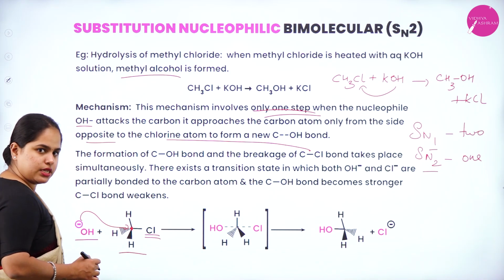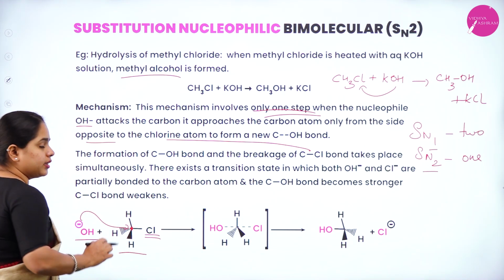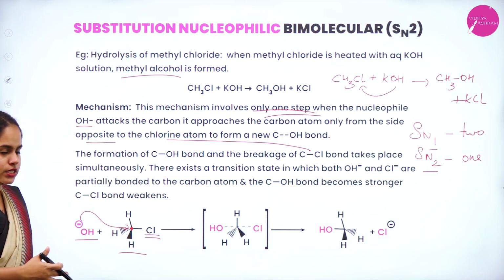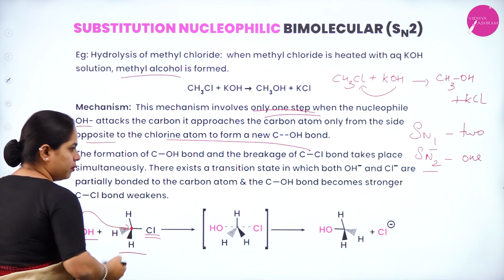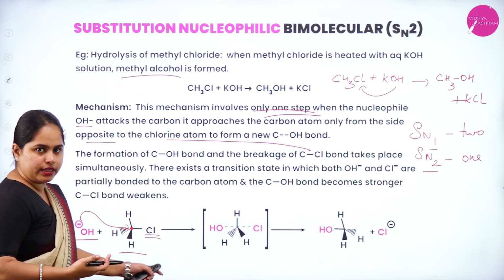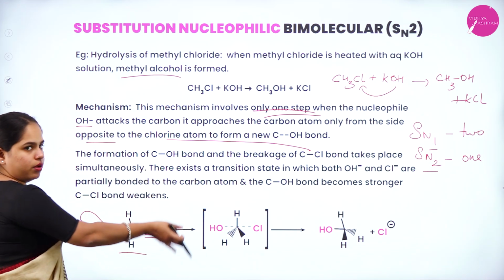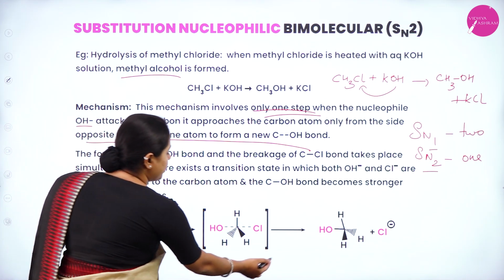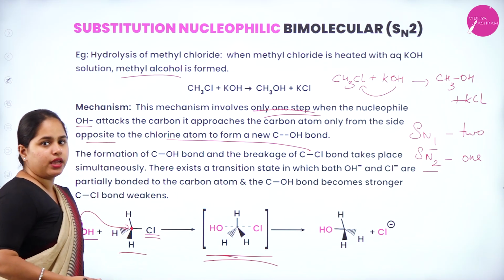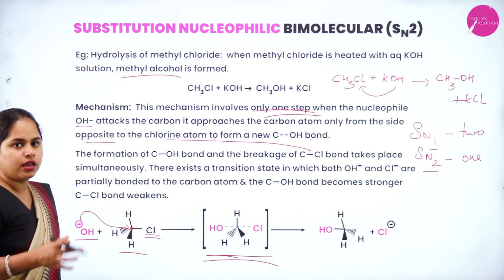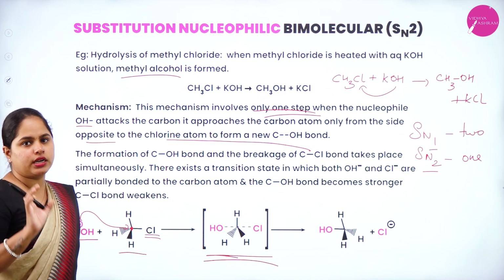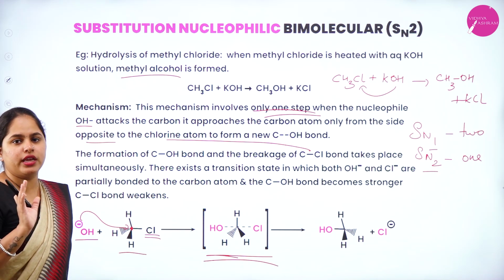The carbon atom is present here, right? It will be attacking the carbon atom from the opposite side. As the Cl, that is a halogen, is already there, OH minus also cannot attack from that side, right? It will attack from the opposite side, and you will get a transition state. Okay, that is an intermediate state. This is for a very short time only it will exist.